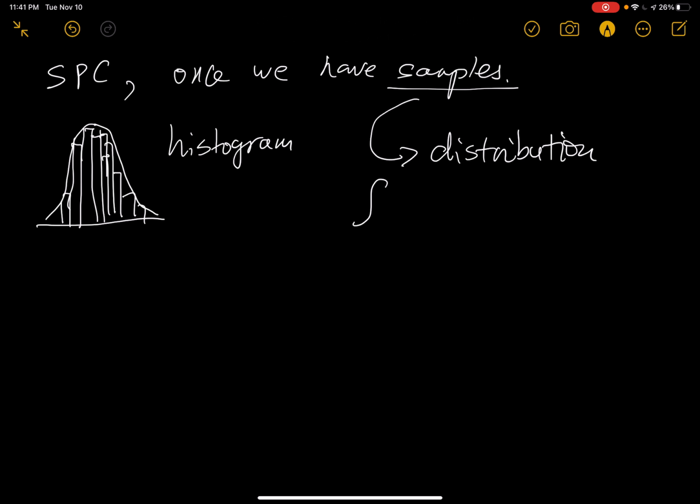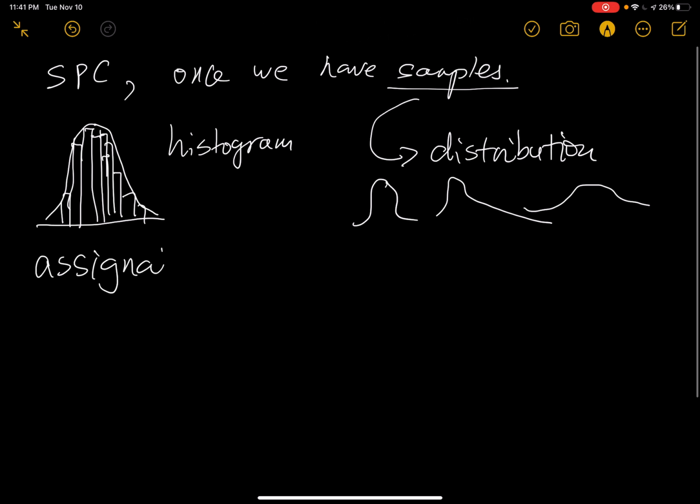It can be this shape, or something like this, whatever. But first, assignable causes: how can we possibly identify them? Assignable causes basically mean we need to find something abnormal.